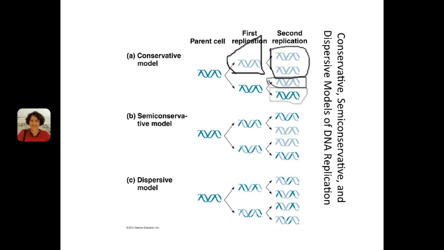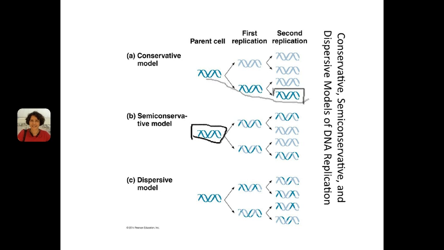So in the end, you see that generation through generation, you keep passing on the same original DNA molecule from one generation to the other, intact, with the same two strands attached to each other. The semi-conservative model is different.